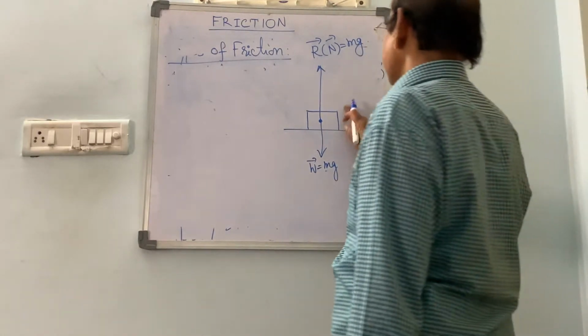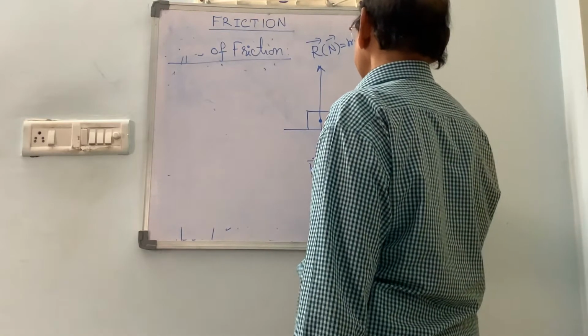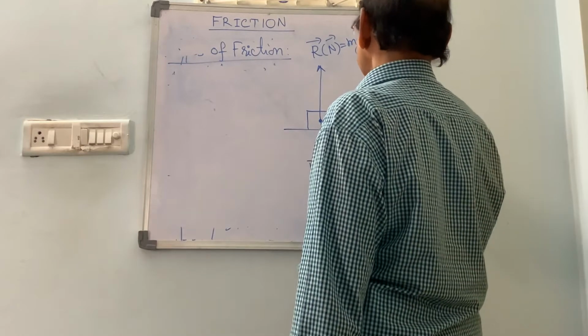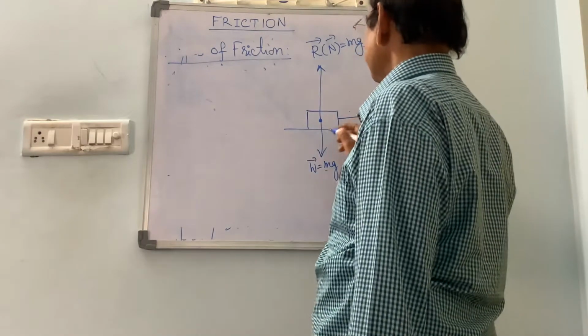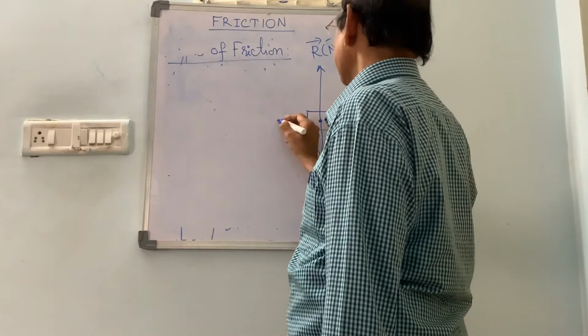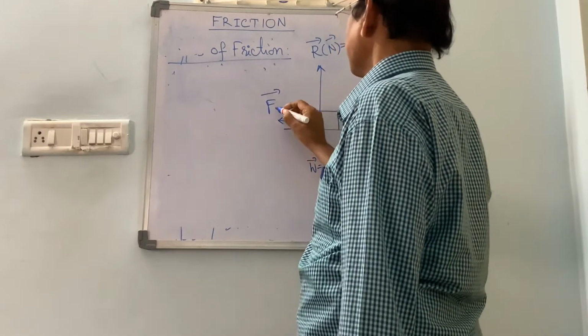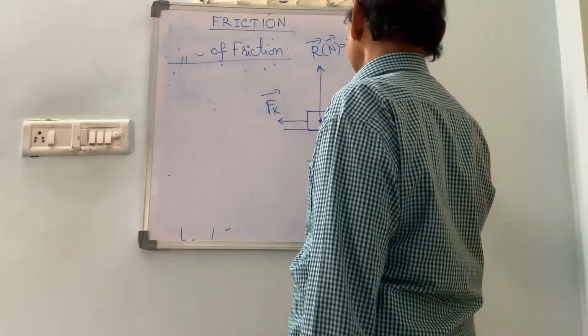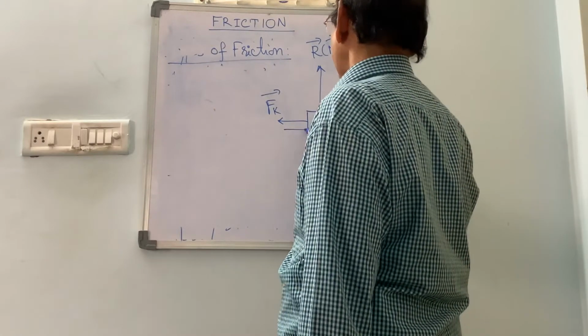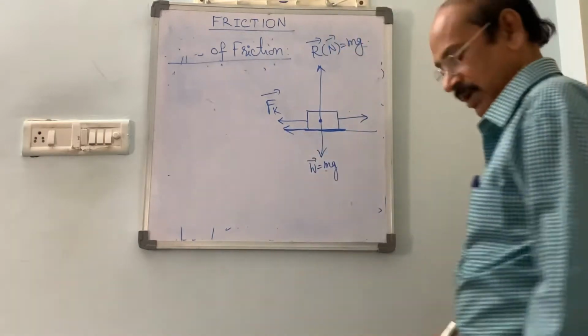Now when a force is applied, the body moves towards the right, then the force of friction acts in the left direction, along the line of the contacting surfaces.